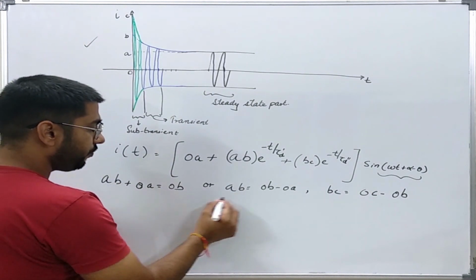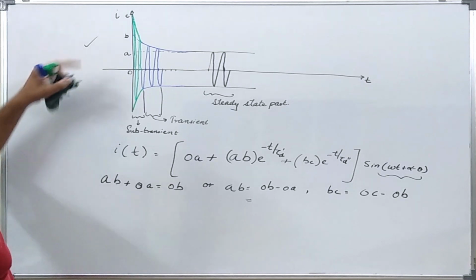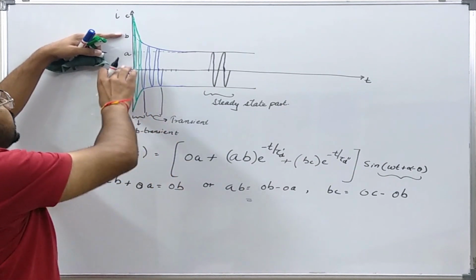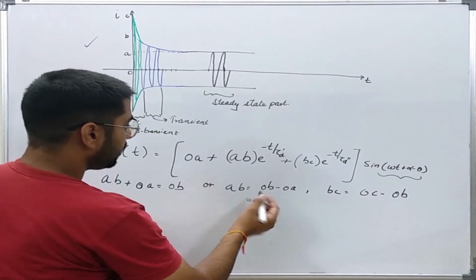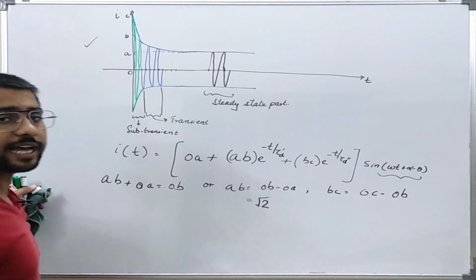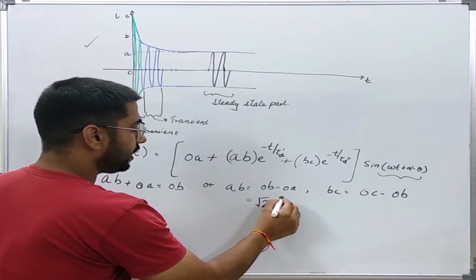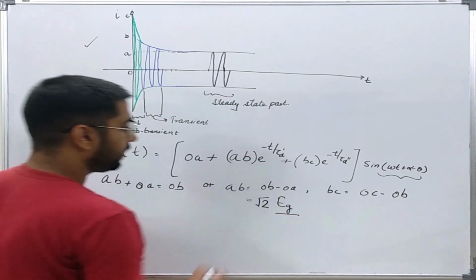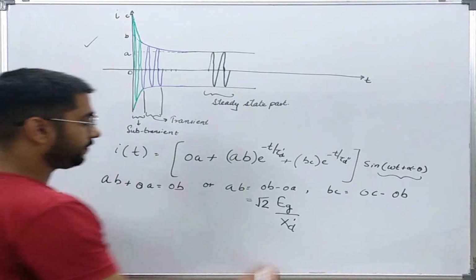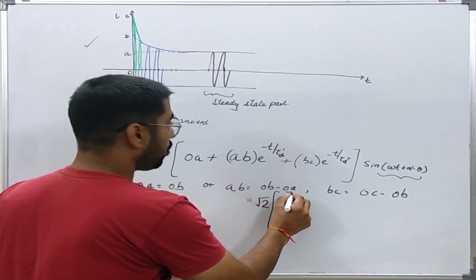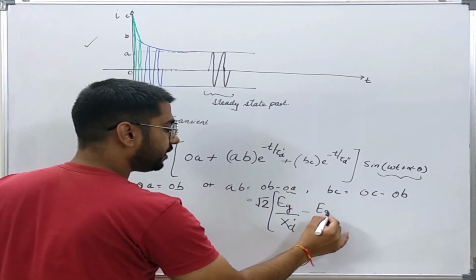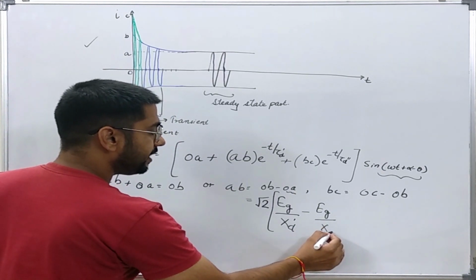Now we know that this OB is the maximum value of the transient part. So it can be written as root 2 times the RMS value of the induced voltage over the transient reactance, and this OA is nothing but the RMS value of the induced voltage over the steady state reactance.